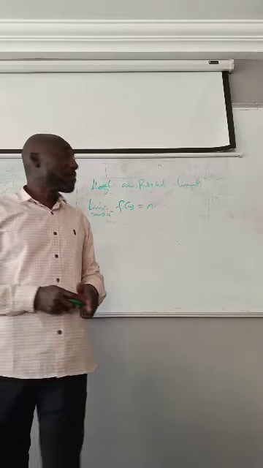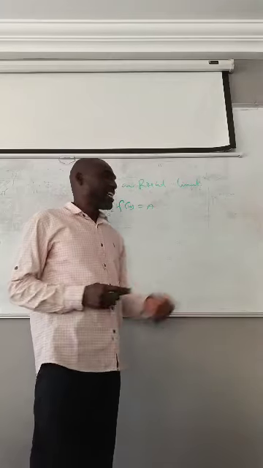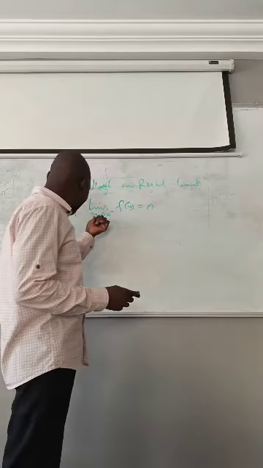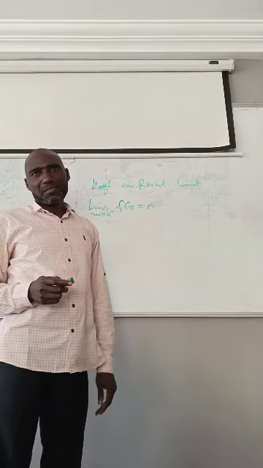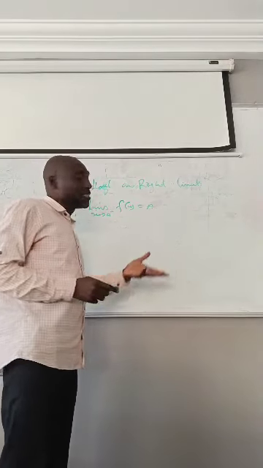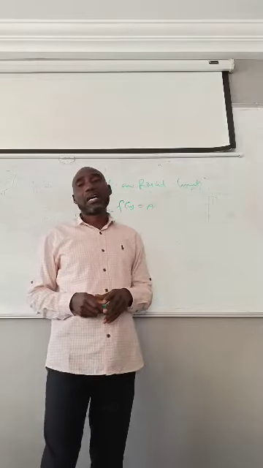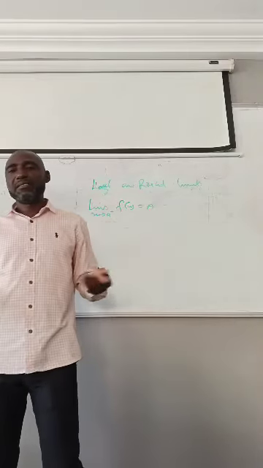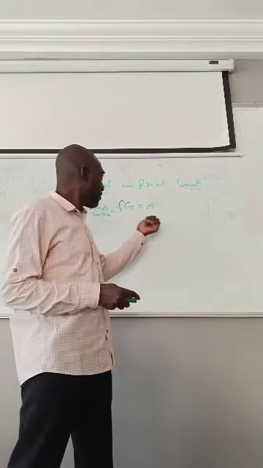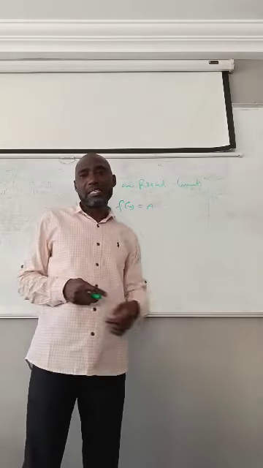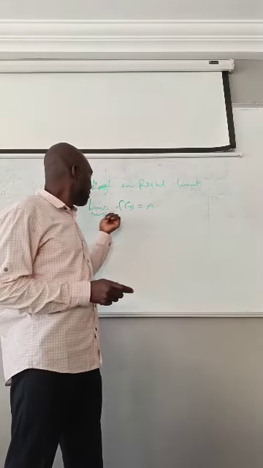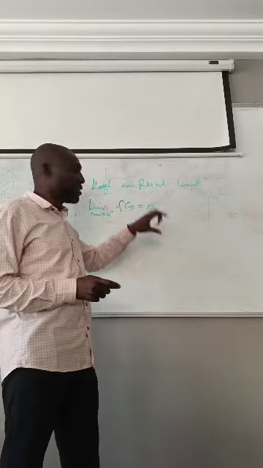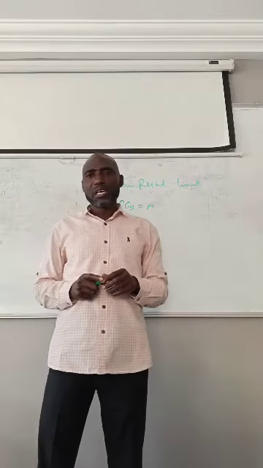This means that f of x approaches a as x approaches a from the left, or this is defined in some interval AC. Yes, this is defined in that interval AC.